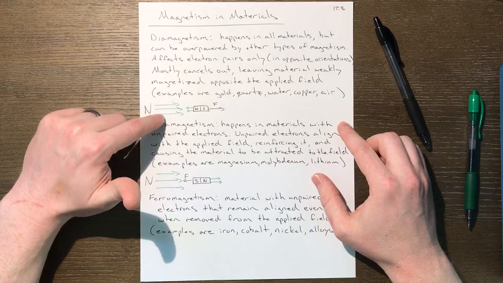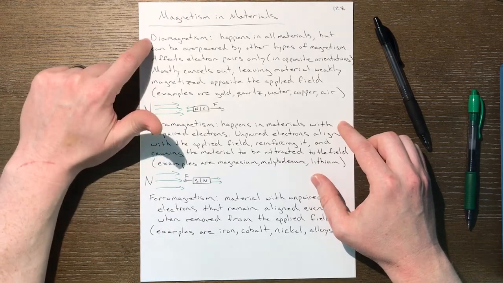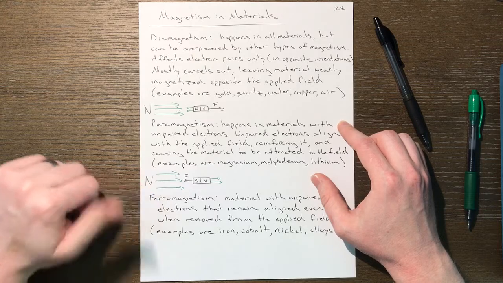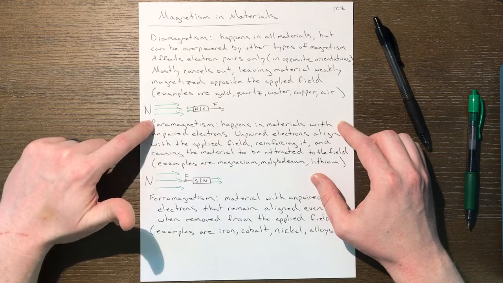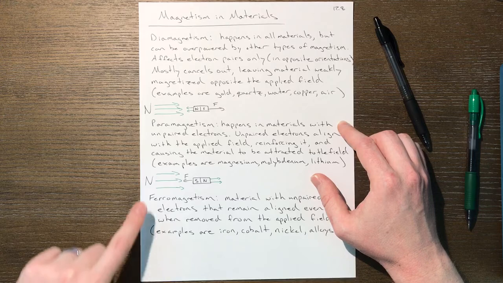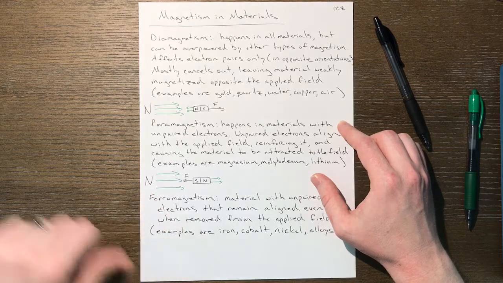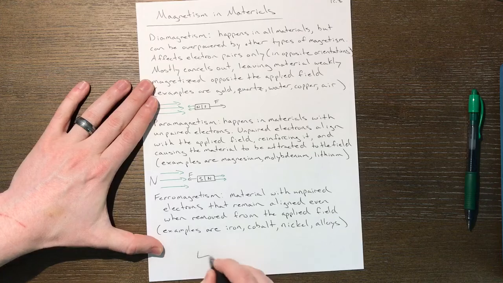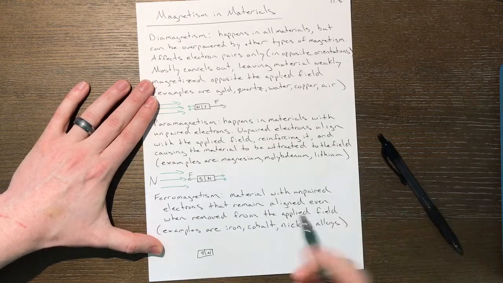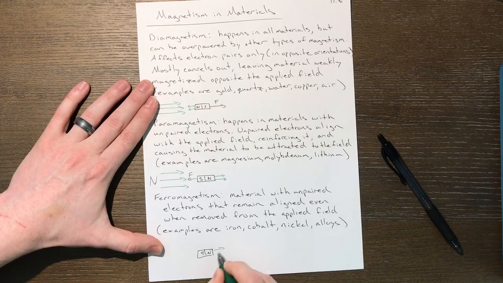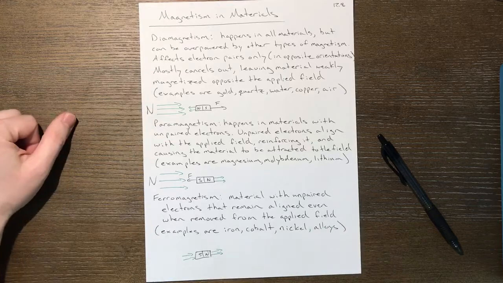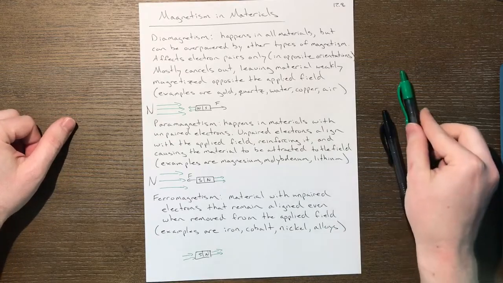If it is weakly opposed, it's diamagnetic. If it is more strongly attracted to that external field, it's paramagnetic. And if you take that field away and it remains magnetized, then it is ferromagnetic. This thing would have fields of its own after the magnetic field has been taken away from it.